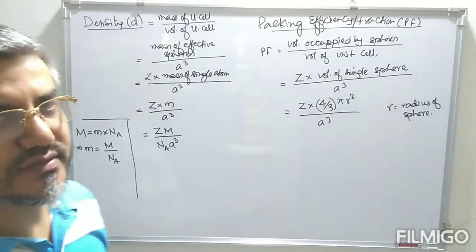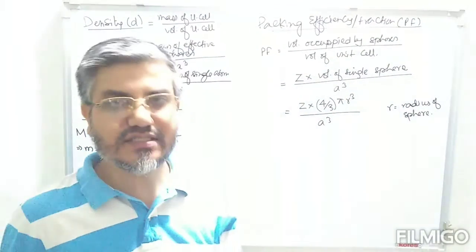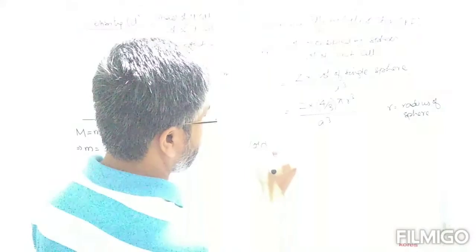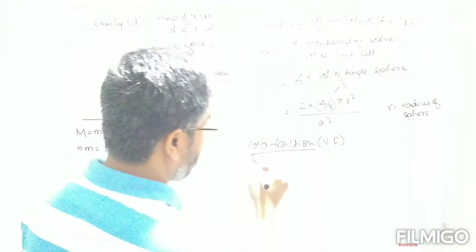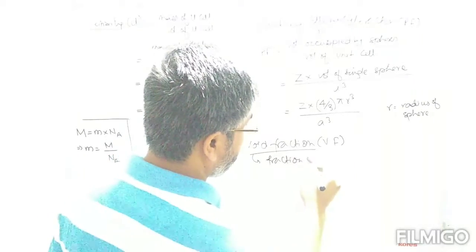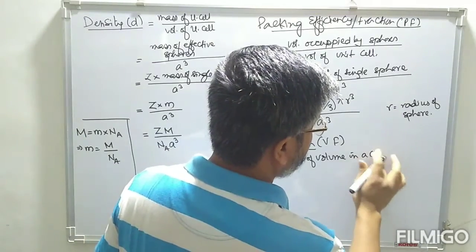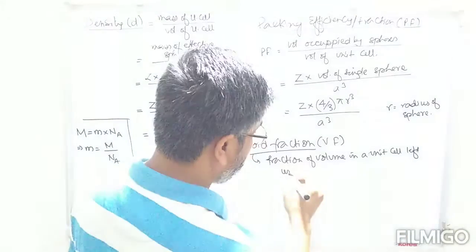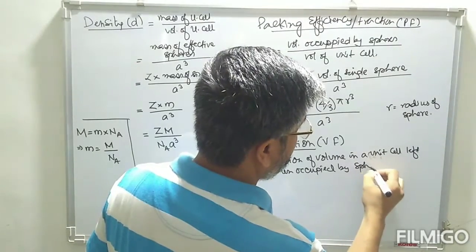Once we define this packing fraction, we have a volume, and out of this volume a certain volume is occupied by spheres. Then the remaining, unoccupied space is defined as the void fraction. So the void fraction is the fraction of volume in a unit cell left unoccupied by spheres.